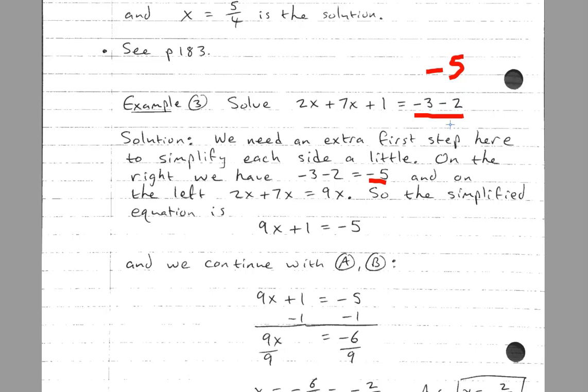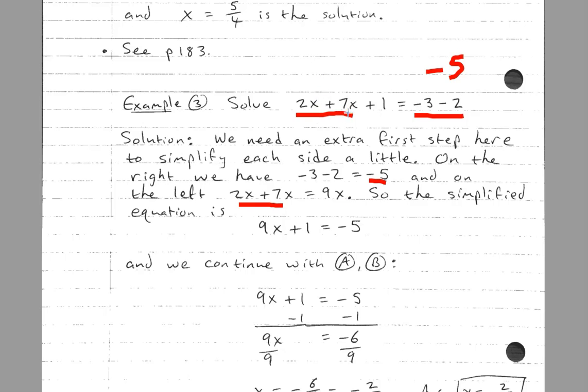So on the right side, it's really negative 5. That simplifies this piece. And we can do something similar on the left. So 2x plus 7x. We were combining linear terms last time. So how many x's do we have? 2x plus 7x is 9x.